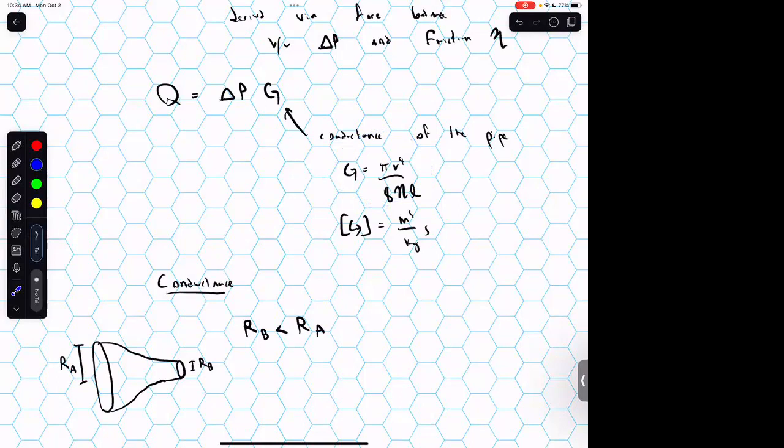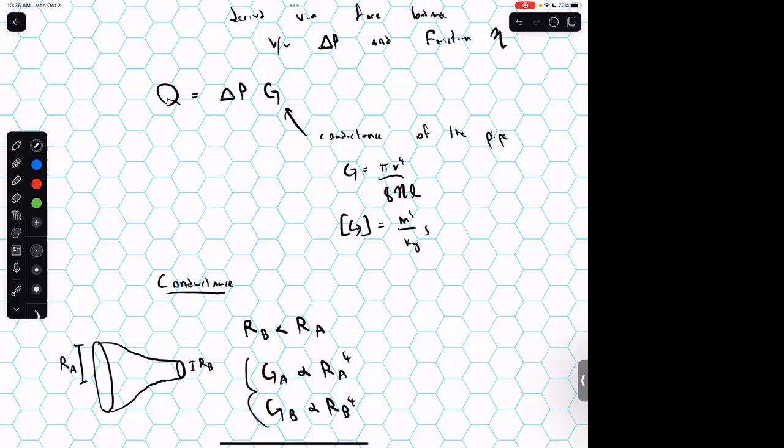Nothing else has changed here, so I'm going to say that GA is proportional to, I use that fish-like symbol to mean proportional to, similar to your book, RA to the fourth. GB is proportional to RB to the fourth.